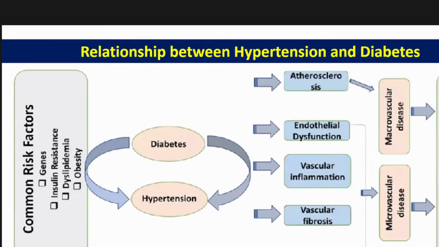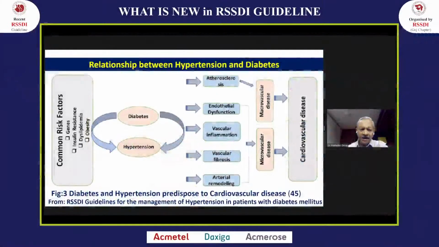We need to take one minute for the relationship between hypertension and diabetes for the adverse outcomes. We know that there are many common risk factors and pathogenic mechanisms for the development of hypertension and diabetes, be it genes, insulin resistance, dyslipidemia, or obesity. All these factors collectively lead to atherosclerosis, which itself can lead to macrovascular disease.